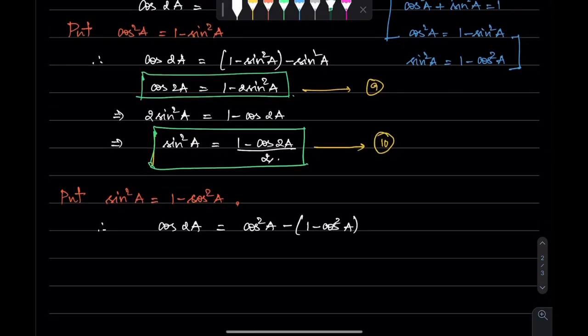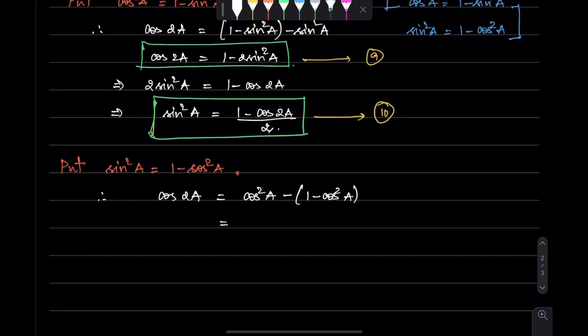So what happens now here? This is nothing but cos square a minus 1 plus cos square a, which is equal to 2 cos square A minus 1, which is your cos 2A. Is that okay, children? This is your another result.